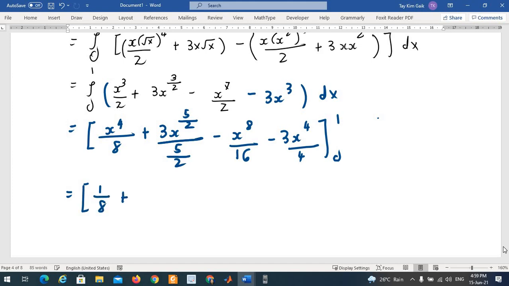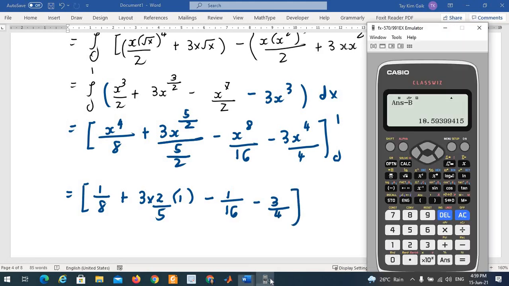This one divided by 5 over 2, so you reverse it, it becomes 3 times 2 over 5. Then plug in x is 1, so minus 1 over 16 minus 3 over 4.